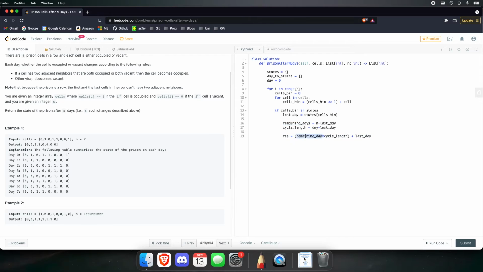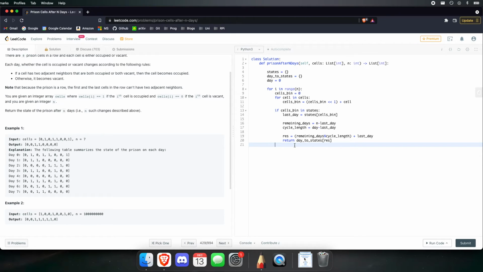Let me make sure I have all my variables correctly. There we go. Now what we want to do is return the cell state at this day. And for this, we want to use our day to states hash map. And that'll be it for that case. But let's say this doesn't go through.